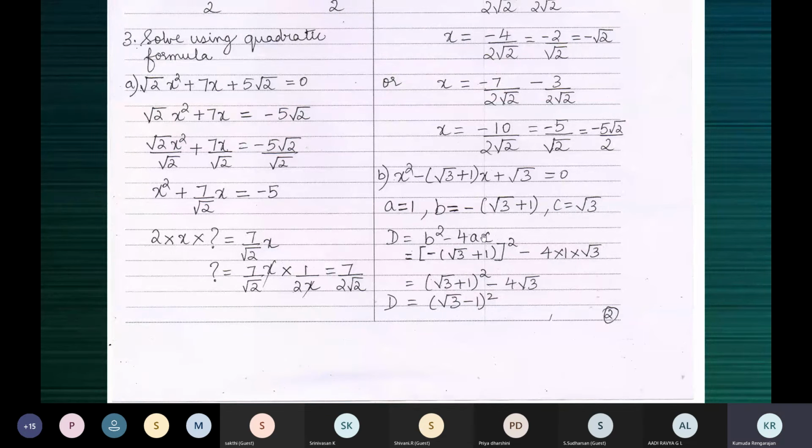Now minus into minus is plus, because the whole of b should be squared. This entire thing is squared, so when you square minus, it becomes plus. And root 3 plus 1, the whole square, minus 4 root 3.